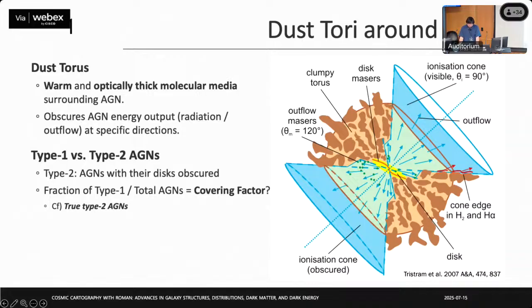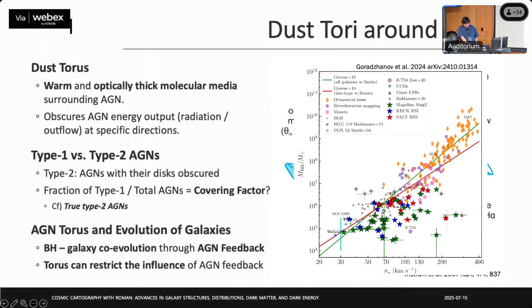How much the dust torus covers is called the covering factor, and this is important in understanding black hole galaxy coevolution, since it can restrict how far the AGN feedback can reach.